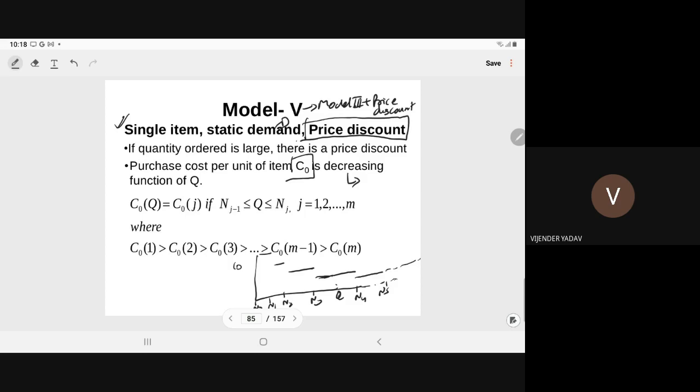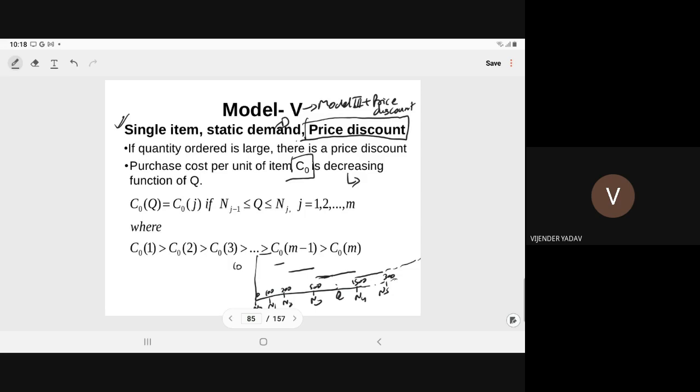For example, you are purchasing 0 to 100, 100 to 200, 200 to 500, 500 to 1500, 1500 to 3000, and if you are purchasing more than 3000, then we have a different unit price.